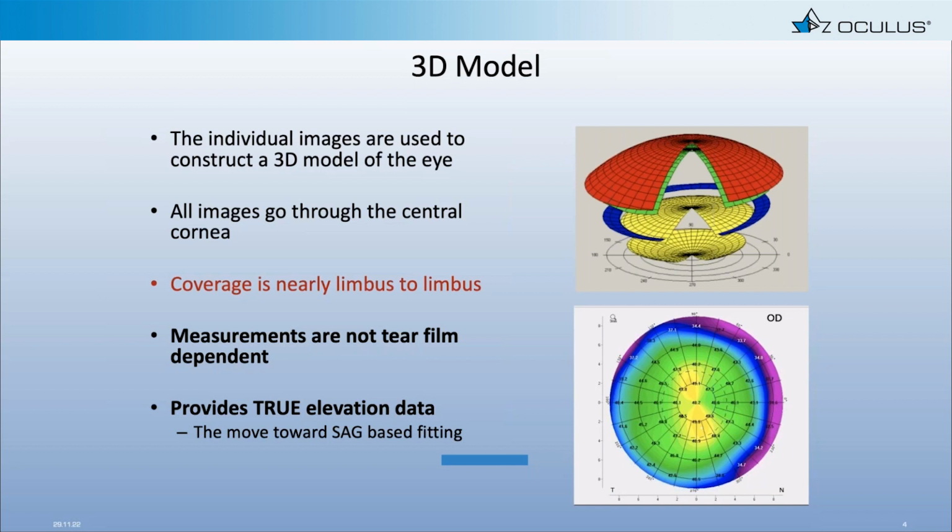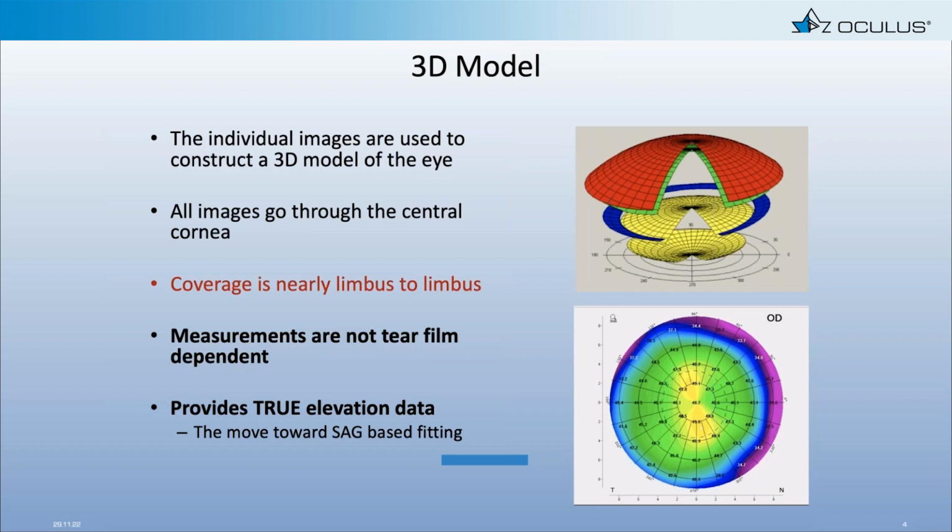It means that even on a patient who's got superficial epitheliopathy, maybe they've got a keratoconus and they're wearing a lens that's creating some stippling, maybe they have dry eyes and we want to scan their corneas for a possible scleral lens to treat with, we don't have to worry about that tear layer disruption affecting the data we get back as far as the shape of the cornea itself. The Pentacam is going to give you, again, true elevation data.